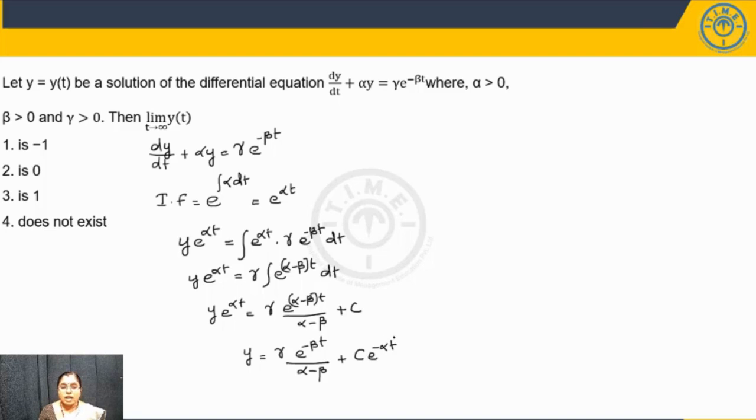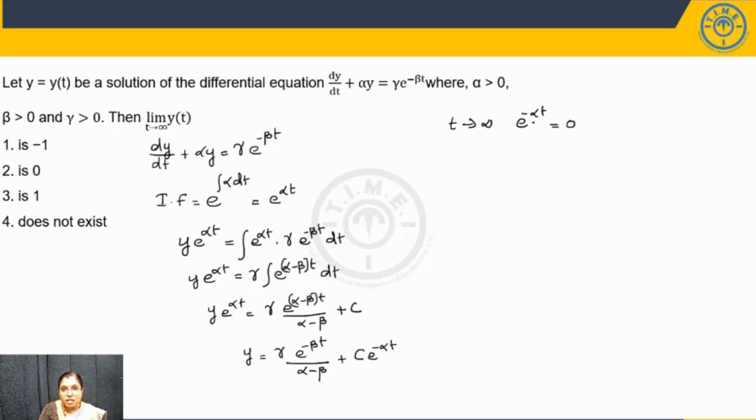Now we are given that we have to find out limit t tends to infinity y of t. So already we got y of t. Now we have to somehow find the value of y of t as t tends to infinity. As t tends to infinity, e raised to minus alpha t as well as e raised to minus beta t will become 0. Why?